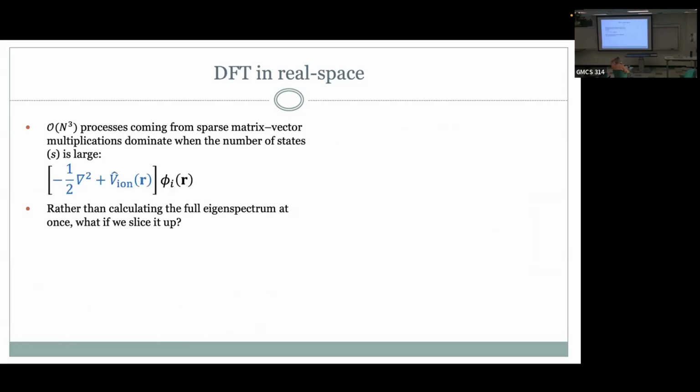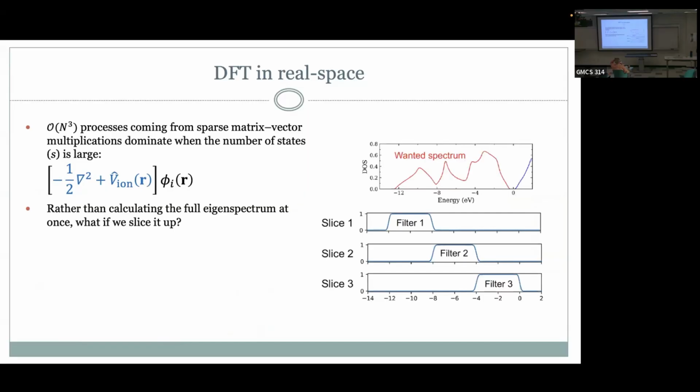So to tackle this, I helped develop a method called spectrum splicing. So the idea here is, for example, if you have the density of states in this plot, meaning how many states you have per energy interval, right? These are the values that we're trying to determine.